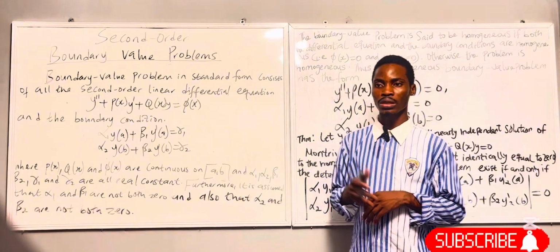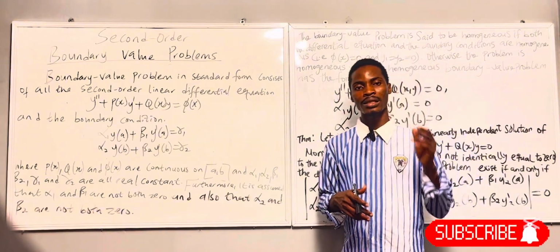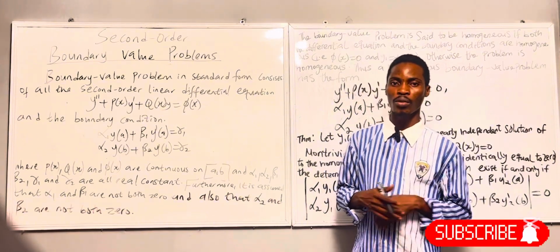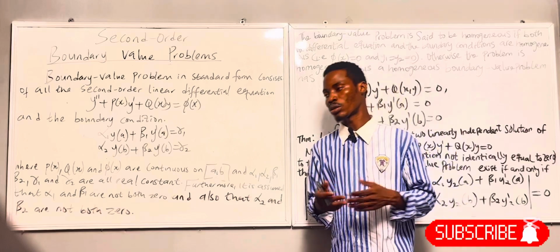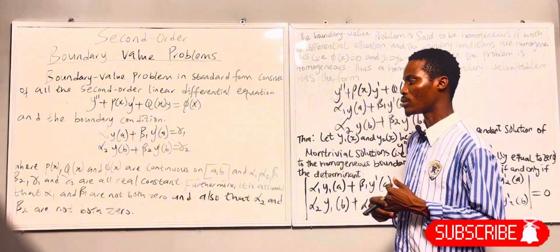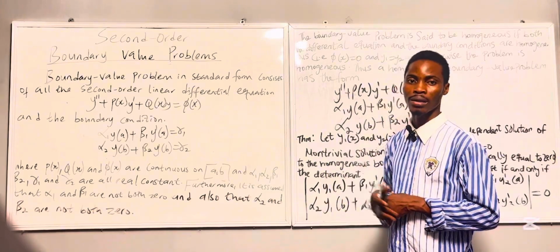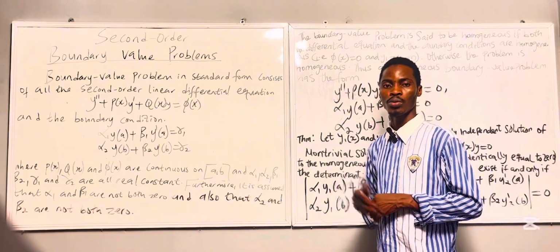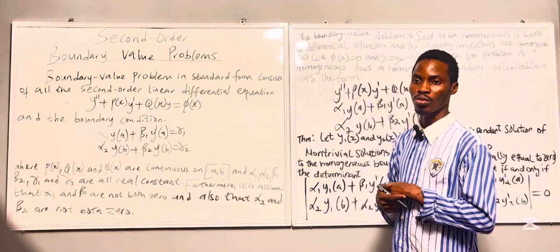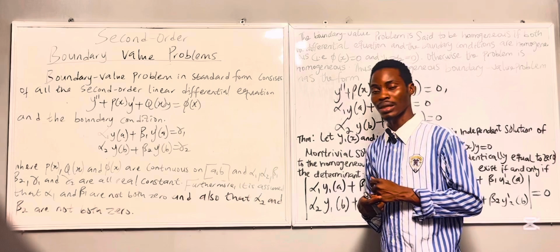Either one of them can be 1 while the other is 0, but both cannot be 0. The same applies to alpha 2 and beta 2.